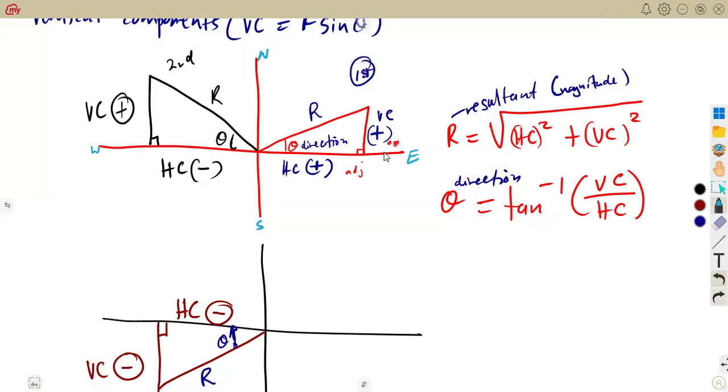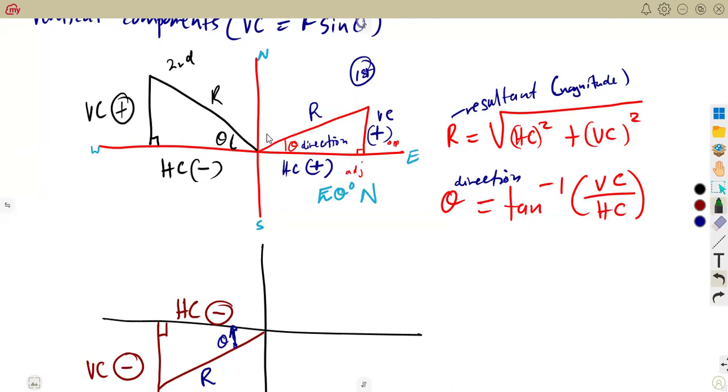So you are moving from the east going to the north. It will be east, and the angle that you'll have there is theta. So it's east theta degrees to the north. This is the condition of your first quadrant.